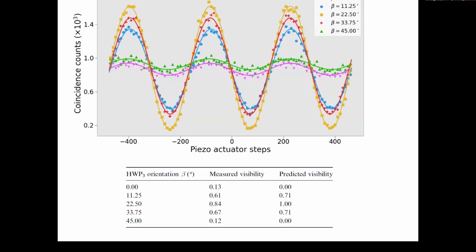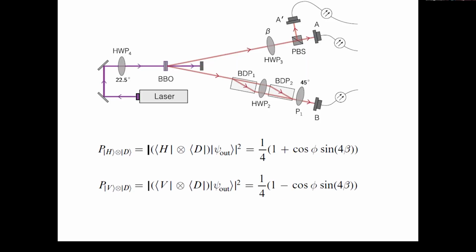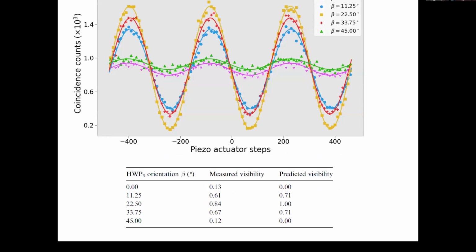By virtue of entanglement, you can do non-local quantum erasure as well. This is the non-local version of the quantum erasure experiment. Look at when beta, this half-wave plate angle, is at 22.5 degrees, which is rotating the photon polarization by 45 degrees. You see maximum visibility of fringes on the other path.